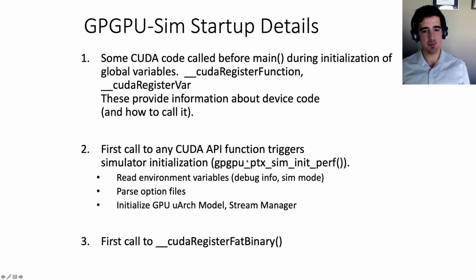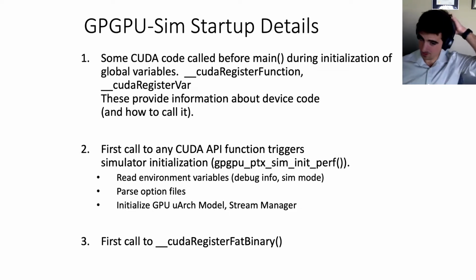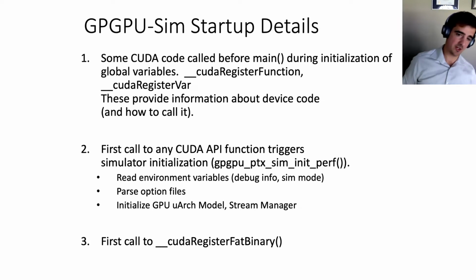As soon as that happens, we call this GPGPU-Sim init perf, and this will do all of the initialization steps that the simulator needs. There are some environment variables that store debug info that you can turn on and off inside the simulator, and there's actually a very detailed manual on what all of these do. I will provide the link to that in the Piazza post associated with this video lecture.